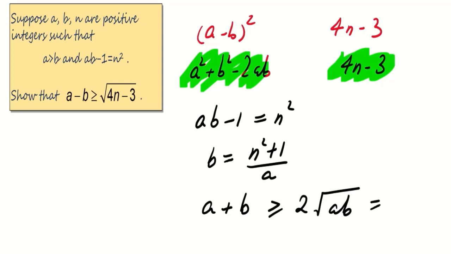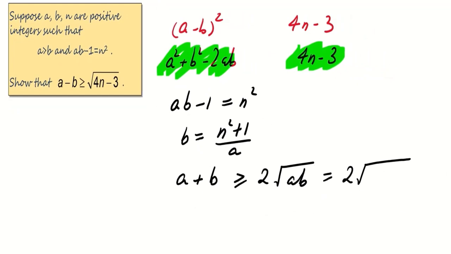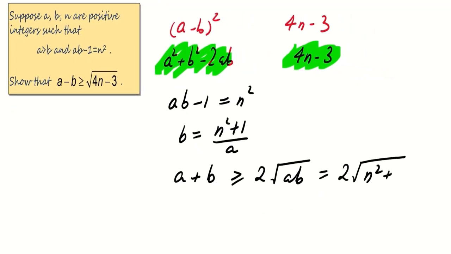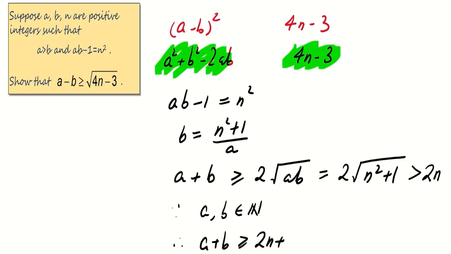And this is equal to 2 square root of n squared plus 1. And of course, square root of n squared plus 1 is greater than n. So this is greater than 2n. Because a plus b are integers and the sum is greater than 2n, therefore a plus b is at least 2n plus 1. This inequality of a plus b greater than or equal to 2n plus 1 gives us a great help.